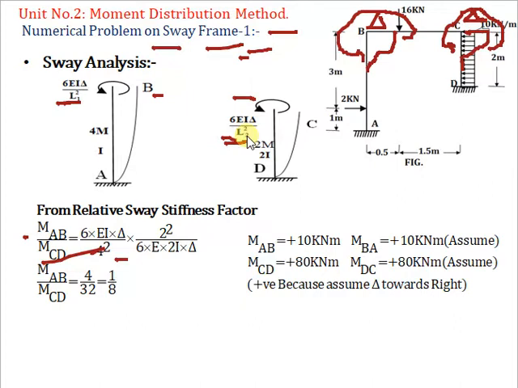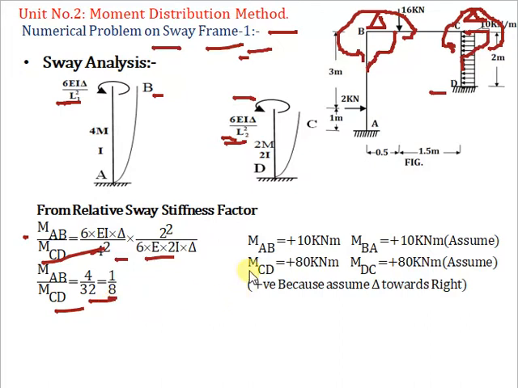Now putting the value of L for the second column as 2 meter, and moment of inertia for the second column as 2I, we have MAB divided by MCD equal to 4 divided by 32, that means 1 divided by 8.